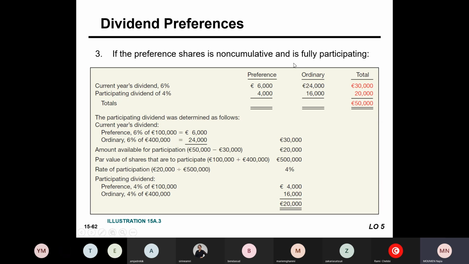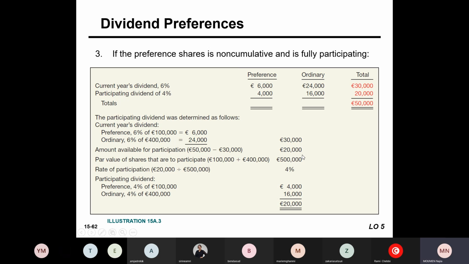That's how preference shareholders will be participating in this remaining amount. But we should first know what rate to use to share the left amount between both categories of investors.